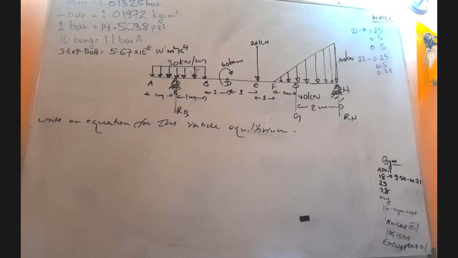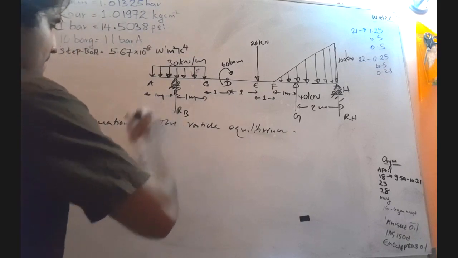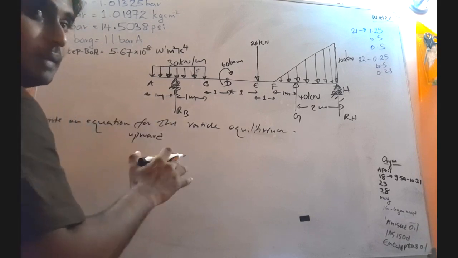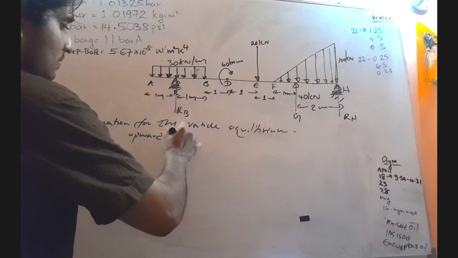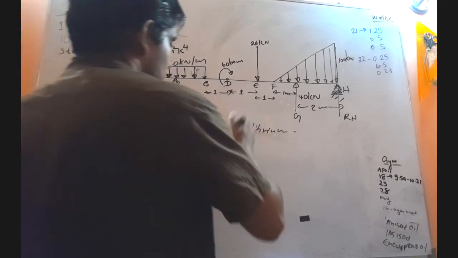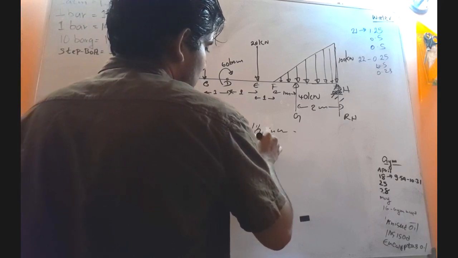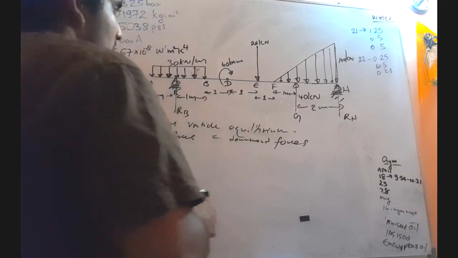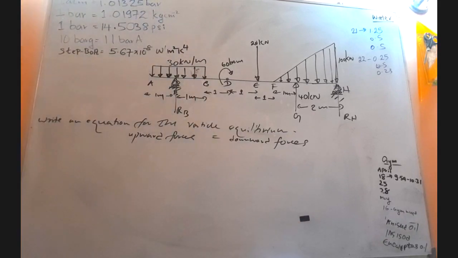So how can we write this? The system must get balanced, so upward forces must equal downward forces that act on the beam. What are the upward forces?